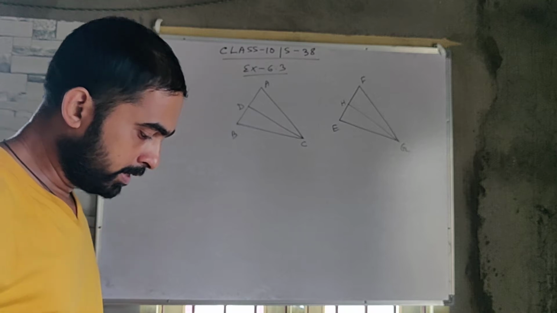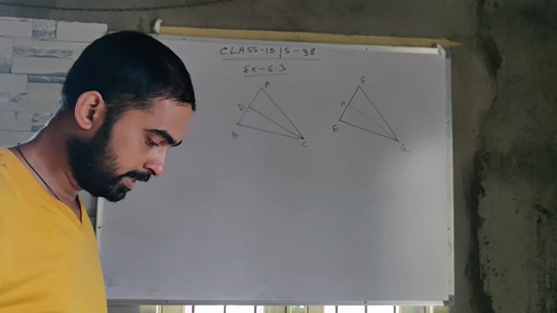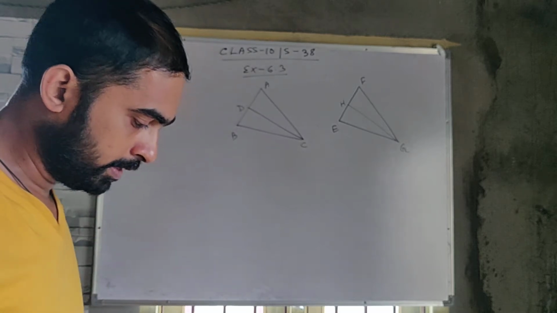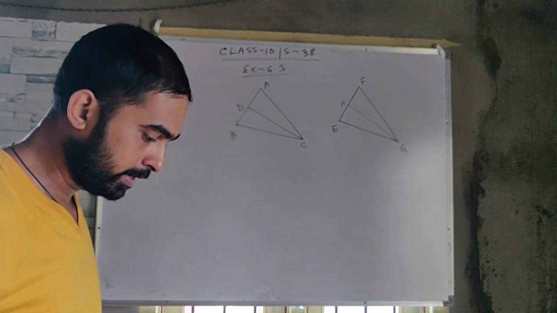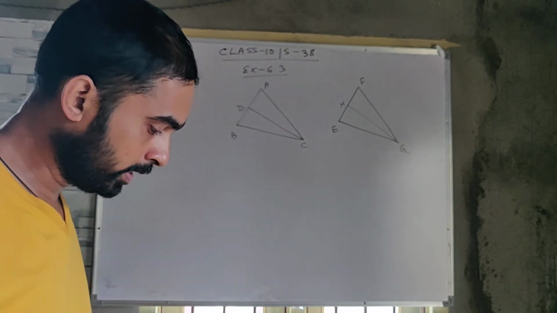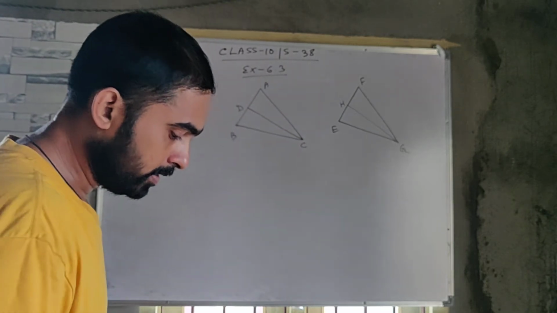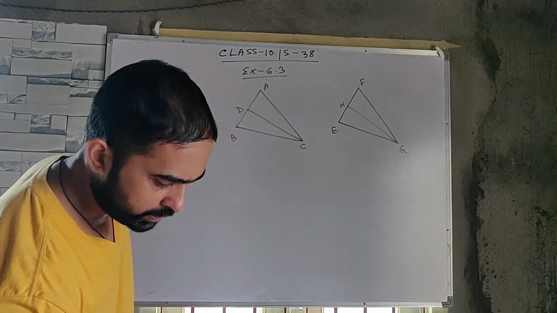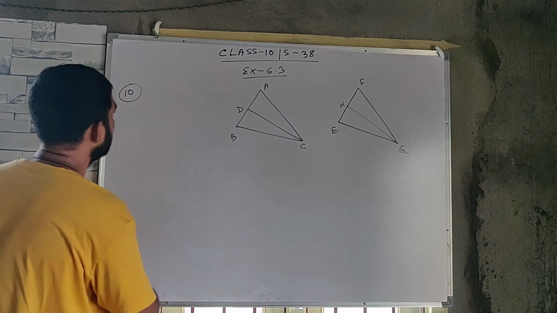Triangle ABC and triangle EFG are respectively given. If triangle ABC and triangle FEG are similar, show that... First of all, what is given?